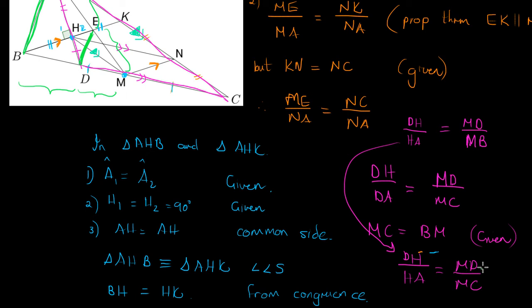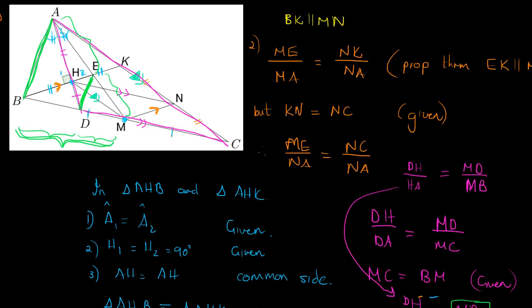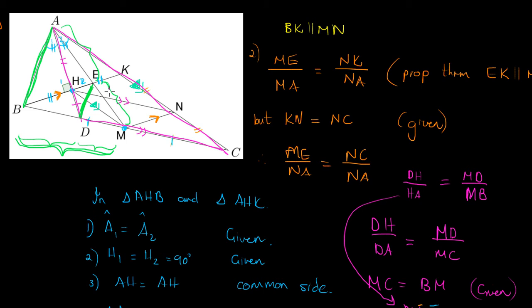So first of all, we already know that MD over MC, so MD over MB, sorry, I wrote that wrong, MB over MC. So instead of showing this over that, I'm going to show this over that. So let's rather just extend this. Okay, extend this is equal to this over that.